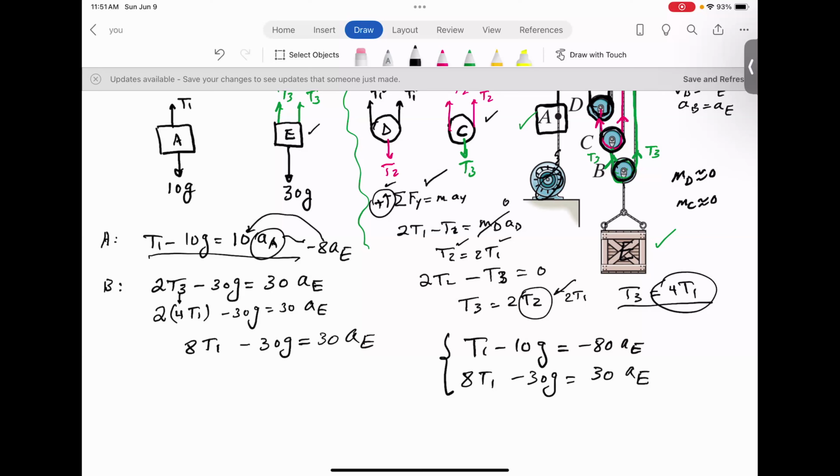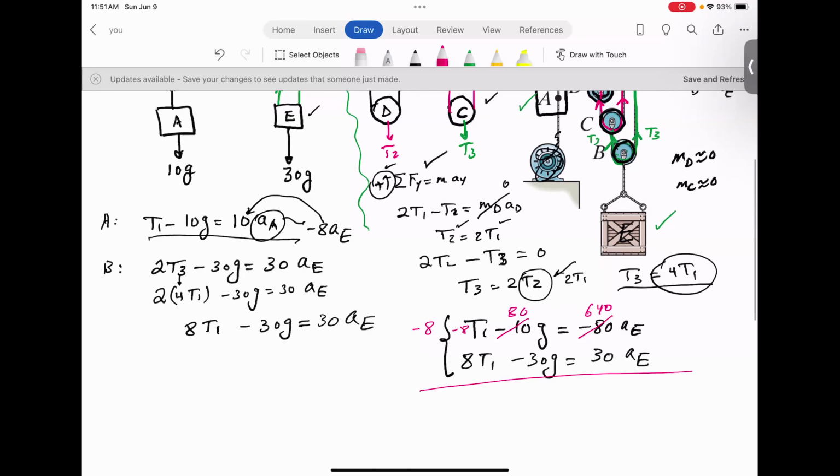It makes sense to multiply maybe the first equation by -8 so that we can get rid of the T1 using elimination method. So if I multiply out, this becomes positive 80 and this becomes positive 640. So now add the two equations. So what do we have? You have minus 8T1 plus 8T1, so T1 is eliminated.